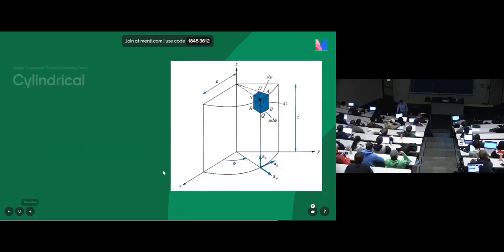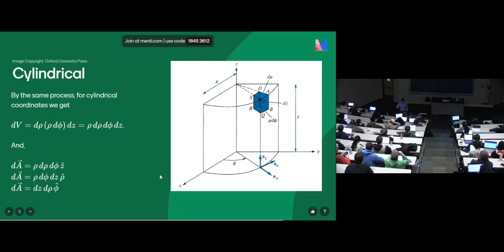So the next one that we talked about was cylindrical coordinates. For cylindrical coordinates, we've got that dv, a differential volume, this little blue, almost rectangular prism, but you can see the front side is slightly larger than the back side, and there's some variation in size along the top and bottom. So what we get is that the differential volume is d rho, which is going to be this direction right here, times rho d phi.